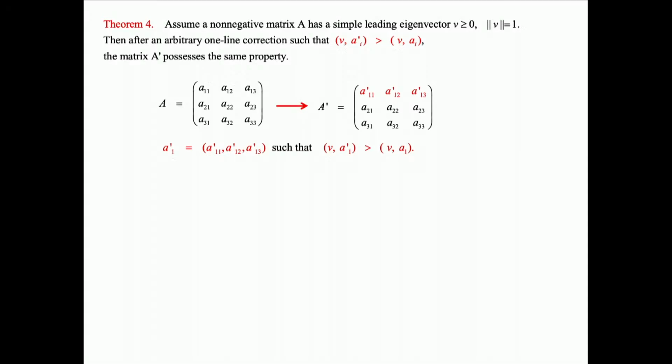And in several years, I published the second paper, when I managed to resolve this trouble with the cycling. And the solution appeared to be, at least theoretically, very simple. The proof is quite hard. And the fact is the following. Assume that our matrix has a unique leading eigenvector.